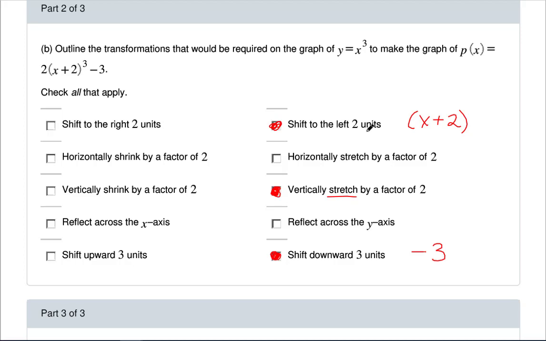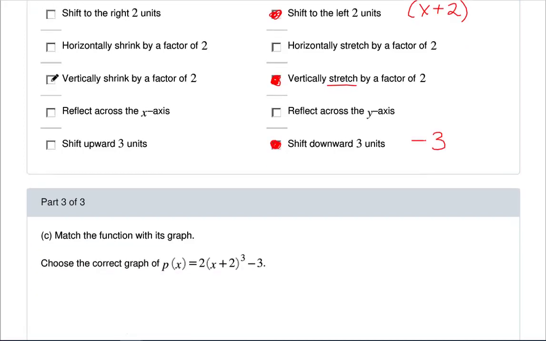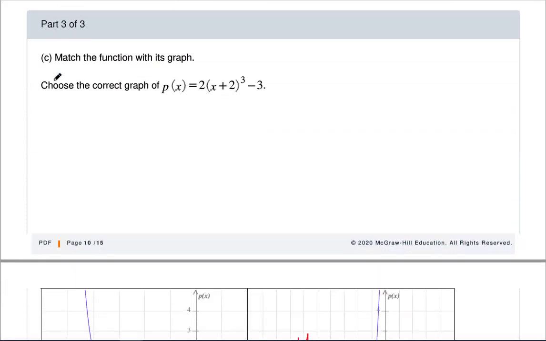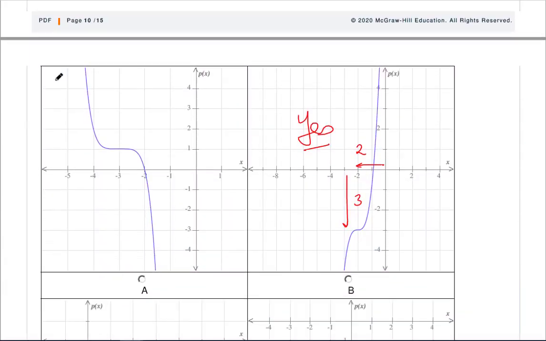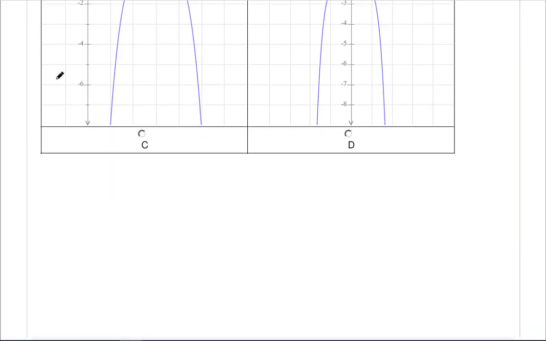We did get shifted left. Now this case, it stretches it. It makes it taller because there's a 2 in the front, and 2 stretches it more than just a normal 1. If it's a fraction, then it's going to shrink it. Then match the graph. We already talked about that.